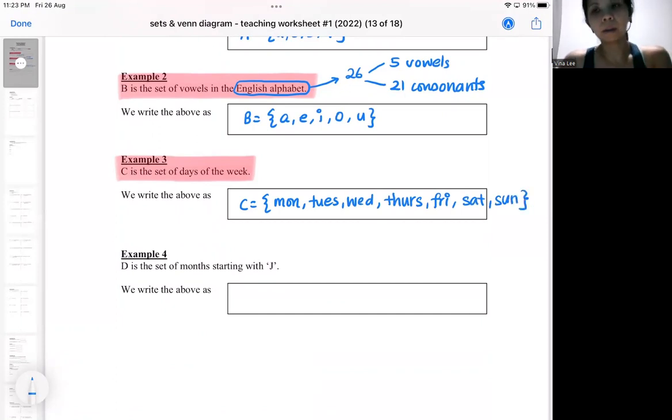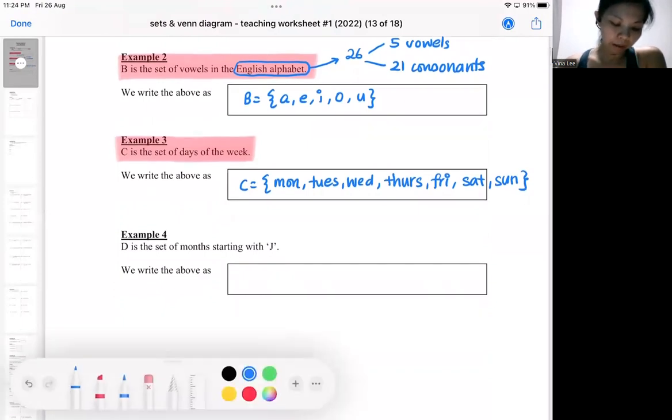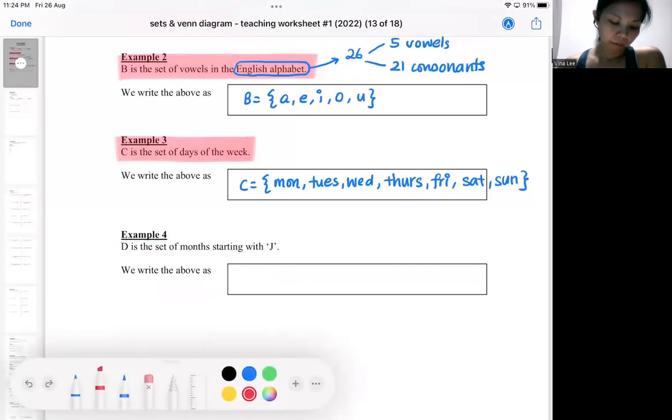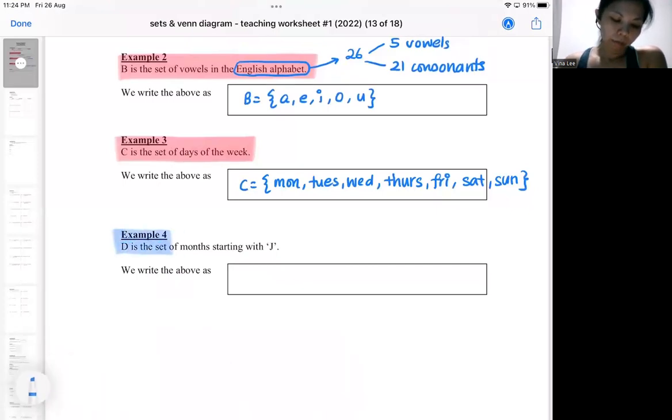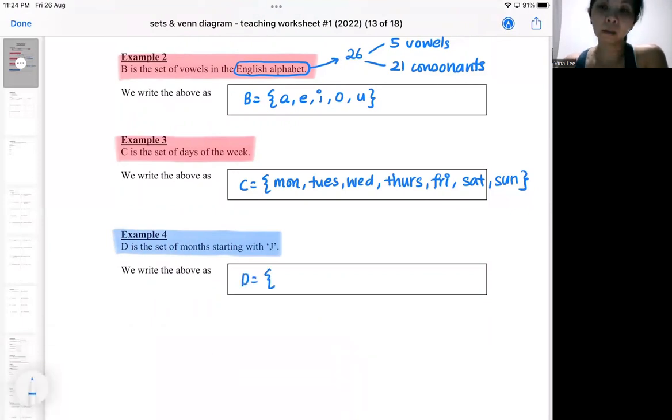We use curly brackets to house the elements. In example 4, D is the set of months starting with J. You might run through the 12 months mentally. That will be January, June, and July.